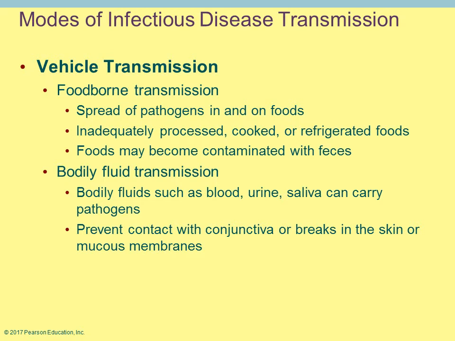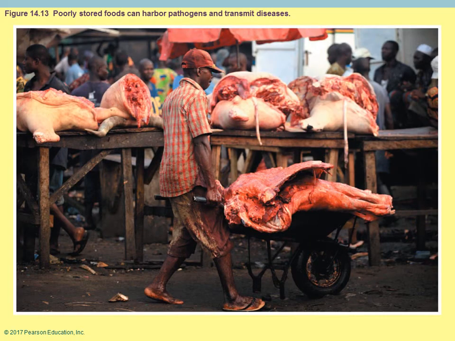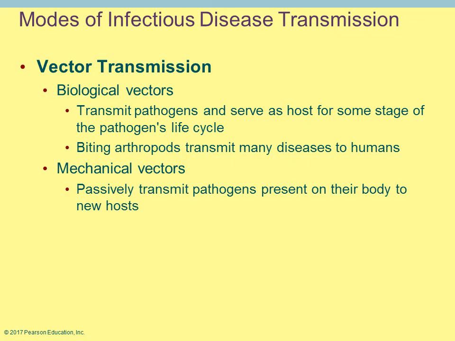Maybe it was cooked but then not stored properly. Bodily fluid transmission is when the pathogens are carried in like blood, saliva, etc. This just shows different places have different standards on how they store, say, their foods, and that can lead to easy transmission.